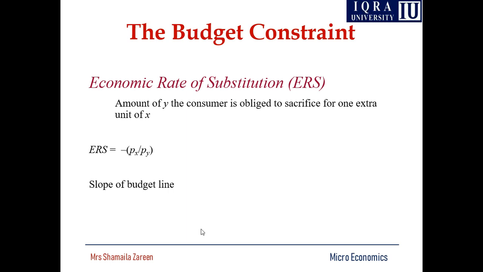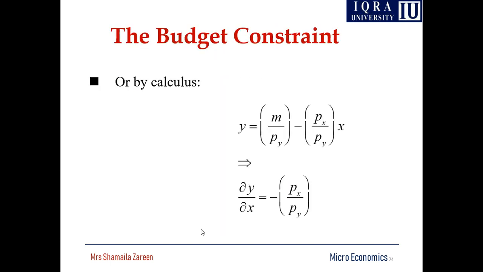Whenever we are explaining the concept of budget constraint, in other words, this is called the economic rate of substitution. It means we are substituting one thing for another: the amount of Y the consumer is obliged to sacrifice for one extra unit of X. This economic rate of substitution is equal to minus Px over Py, which is called the slope of the budget line.